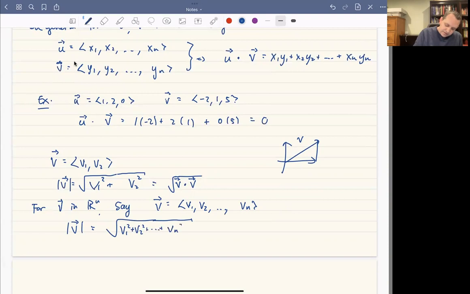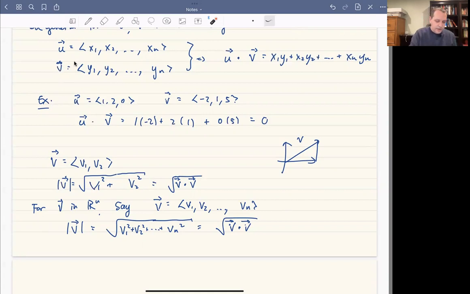So it's all of these values squared and then added up, which is, again, nothing more than the square root of v dotted with v. Okay, so this is an important relationship with the length of v. The length of v is the square root of that dot product of v with itself. Okay, so that's the thing I wanted to say there.